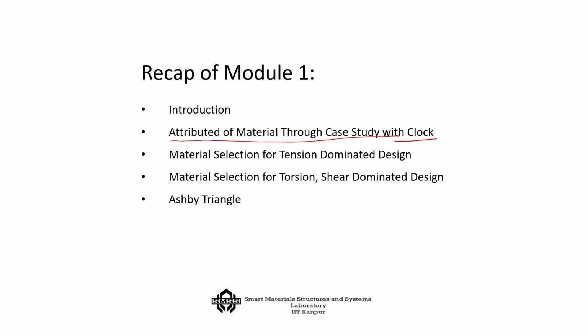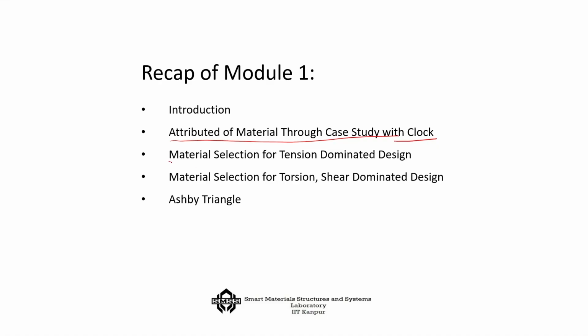Then I came up with a little more formal way of introducing the topic to you by arranging the problem of material selection from 2 points of view. One point is from the point of view of tension, compression and bending.